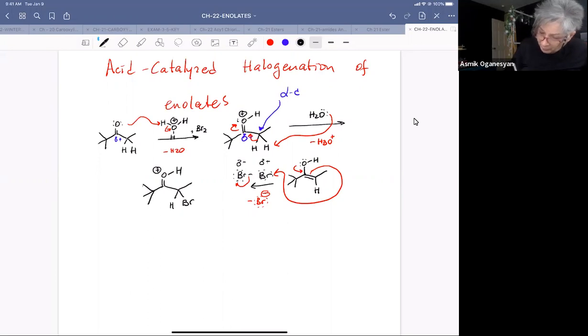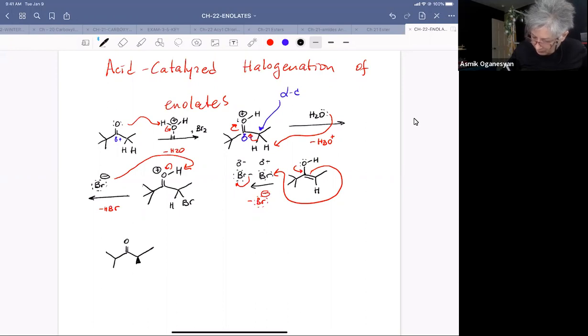And we still have water here, or your bromide anion can pick up that proton. At this point, it really doesn't matter. And we're forming the final product. A racemic mixture.